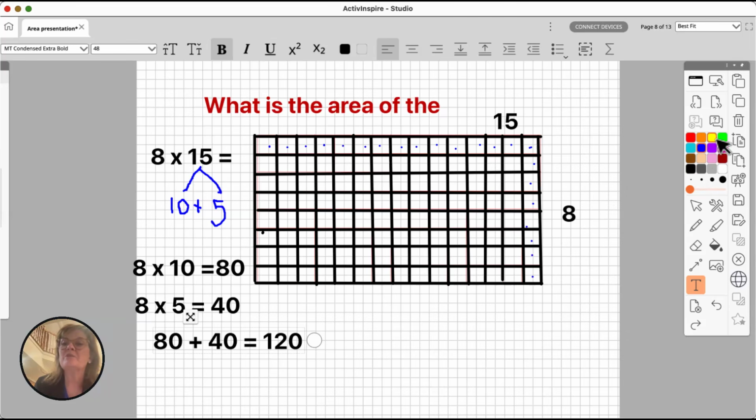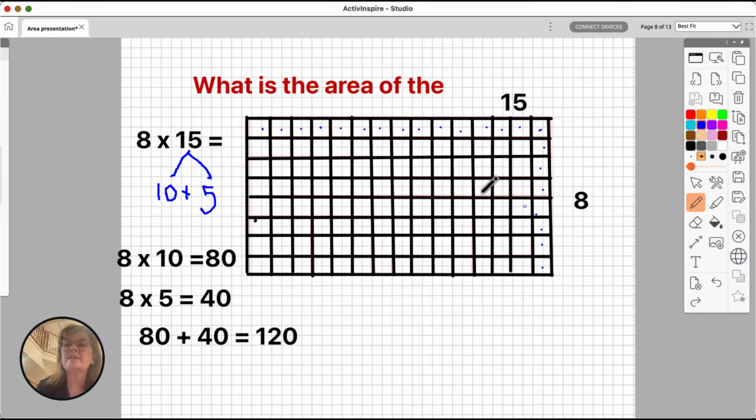And what's really cool is it's easy to show the distributive property with an array. In fact, it's kind of one of the best ways to show. So let's see if we could do that here. The first one would be 8 times 10. So let's count over 10. Let's get our pencil here and count over 10. 1, 2, 3, 4, 5, 6, 7, 8, 9, 10.